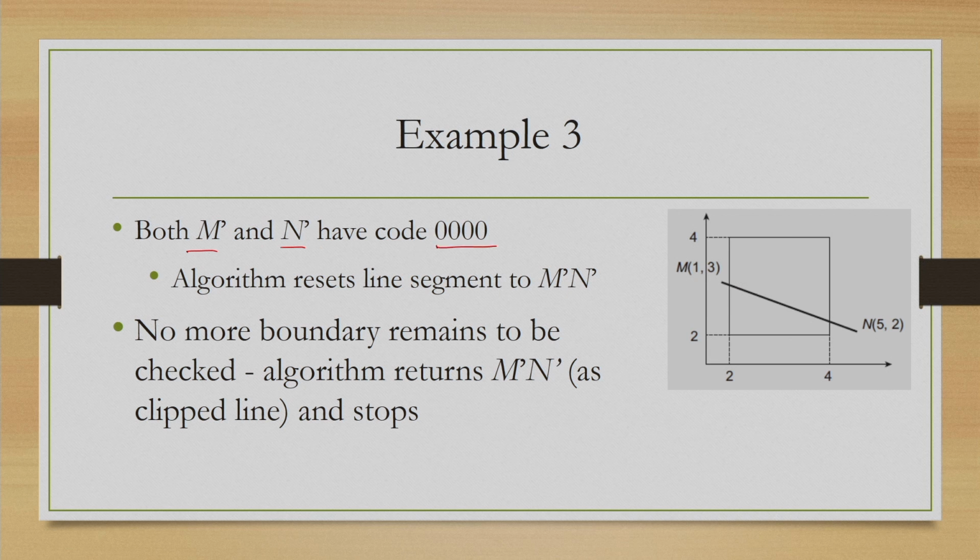That means this entire line segment m dash n dash is within the window. So, the algorithm resets the line segment to m dash n dash, and we have already checked for all the boundaries. So, no more boundary remains to be checked, and the algorithm returns this line segment as the clipped line segment and stops. That is how the algorithm works.